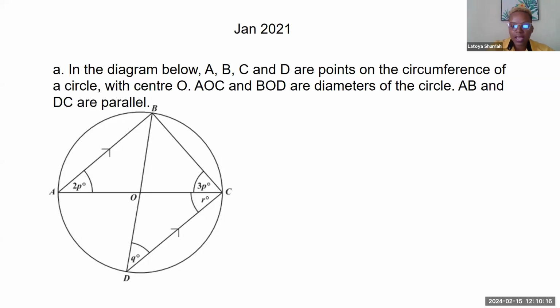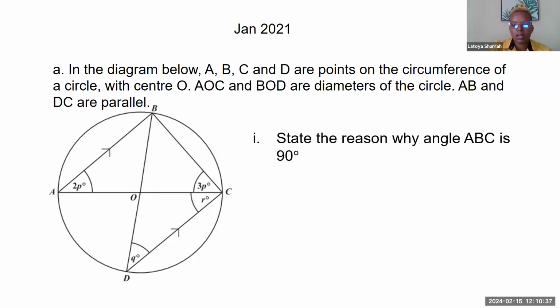When you have arrowheads on your line segments, that's an indication that they're parallel. Not because they look parallel, we're assuming that they're parallel. Parallel line segments normally have arrowheads on them.